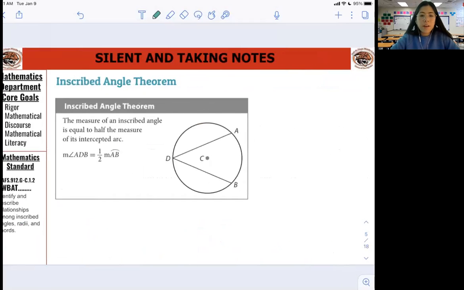Okay, and then as always, there is a theorem connected to everything. So if anyone can read the inscribed angle theorem. The measure of an inscribed angle is equal to half the measure of its, wait, how do you say that? Intercepted. Intercepted arc. All right. So here's my inscribed angle.